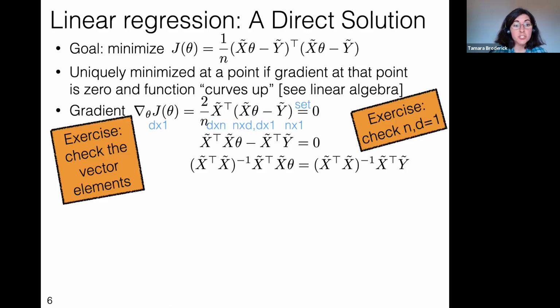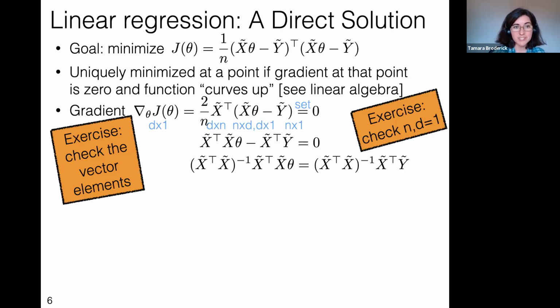Now, why was this a good choice of matrix to multiply by? Well, we ultimately want something of the form theta equals something, because we're trying to solve for theta. The whole idea here was to find what choice of theta is there at which the gradient is equal to 0. And so we're hoping to end up with an equation that looks like theta equals something. And so we notice that now we have something of the form a matrix inverse times a matrix.